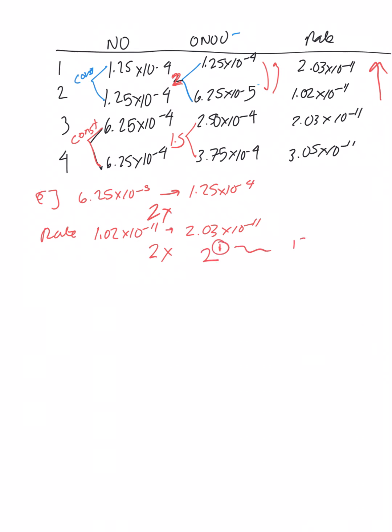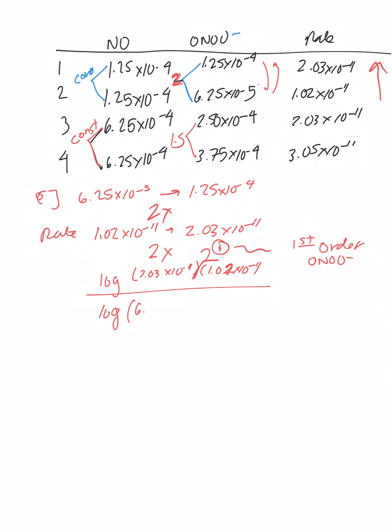That means we have first order dependence on O and OO minus. In fact, if we were to plug it in and do the log of the rates, that should give us a value of 1.